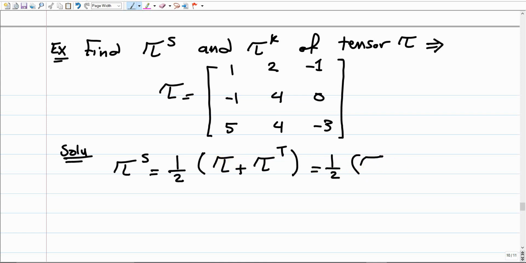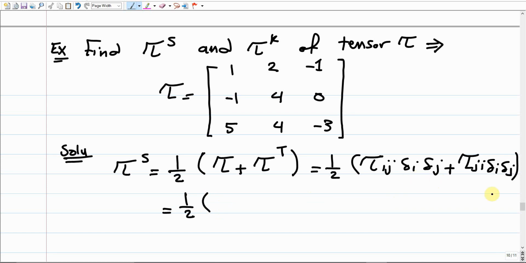It should be tau ij delta i delta j plus, how about the transpose of the same tensor? You just flip these components, so you have ji, but still keep the unit vectors the same. So you end up with half. Then we can consider the delta i delta j as common, so we end up with tau ij plus tau ji.